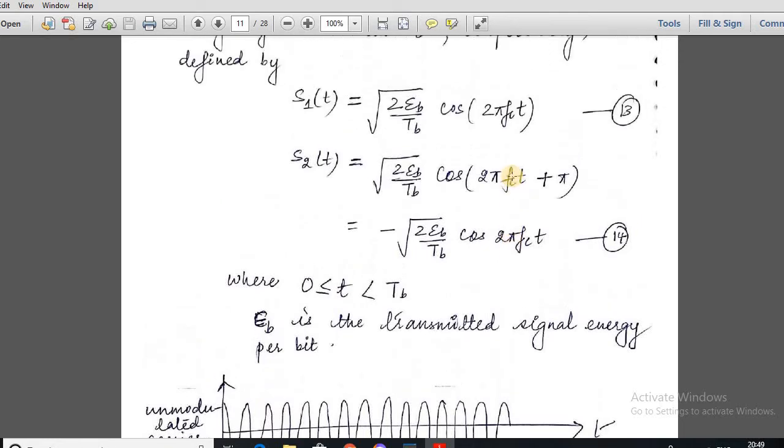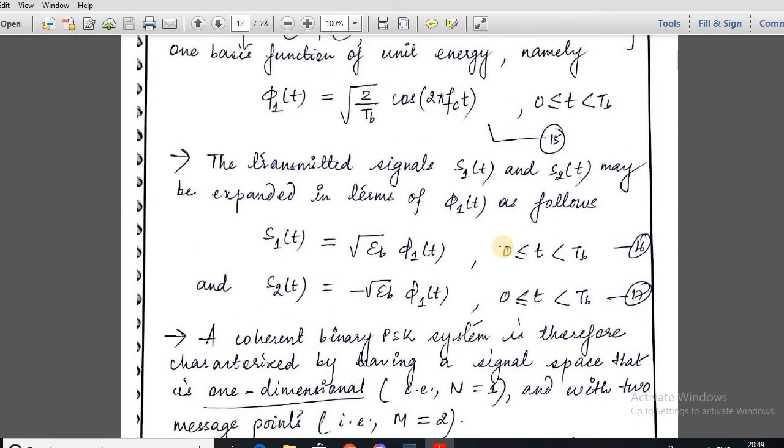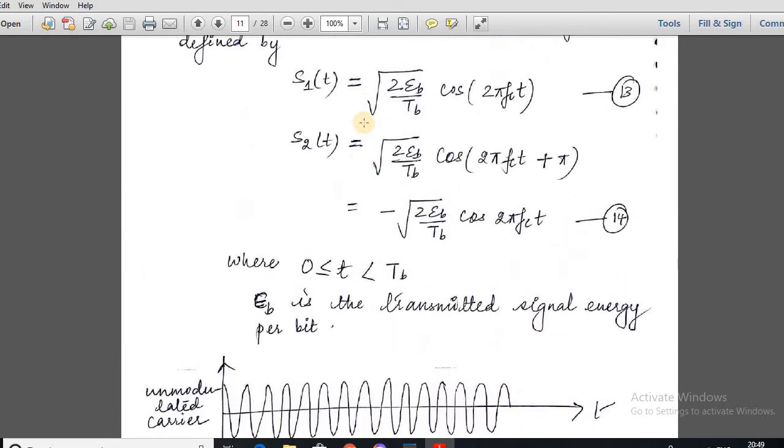We can rearrange this equation and rewrite that as root over of 2 by Tb multiplied by root over of Eb into cos 2 pi fct. If I rearrange it in that way, I can say that root over of 2 by Tb cos 2 pi fct is totally the carrier function phi 1 of t. Look at this expression. Similar way we did for ASK also.